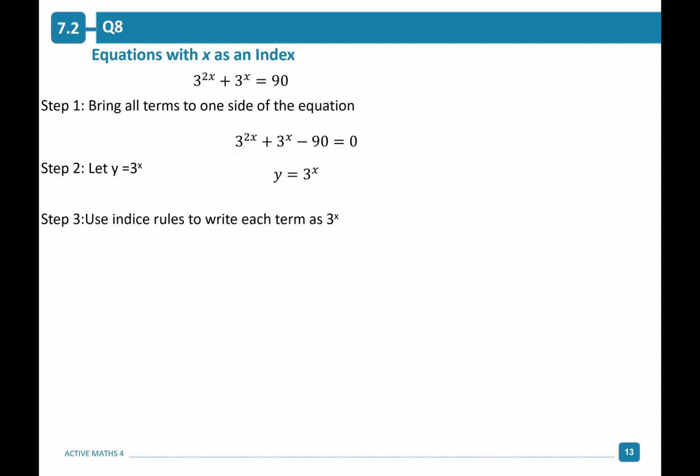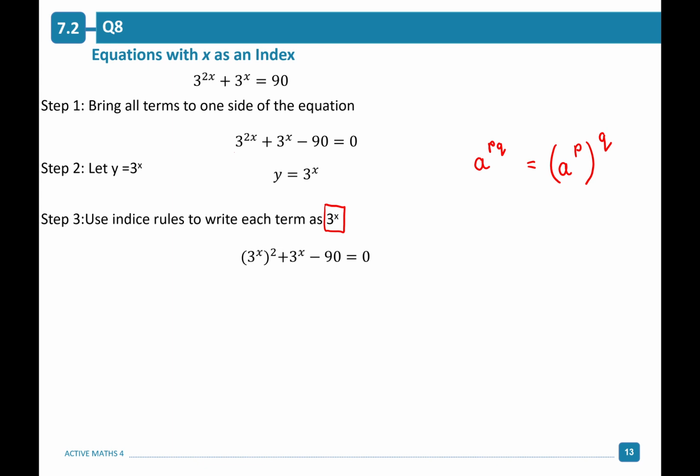So what we do is we use our indices rules to write out each term as 3 to the power of x. We're going to use our indices rules to pull apart our terms so that we can substitute in 3 to the power of x for y. What rules do we have? We know that a to the power of p times q is the same as a to the power of p all to the power of q.